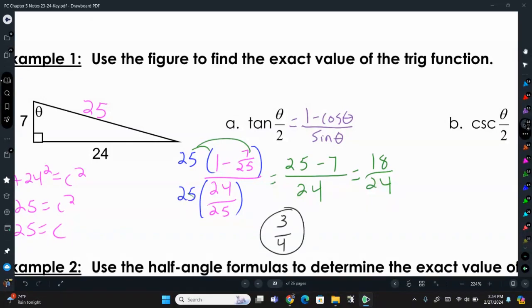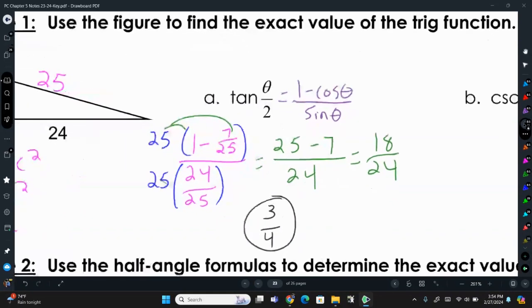And that would be the tangent of theta over 2. And again, we couldn't just find the tangent of theta, the opposite over adjacent, 24 over 7, and divide that by 2. That's not going to give us the same thing. So it wasn't that bad. For once, tangent was a little bit easier to deal with.